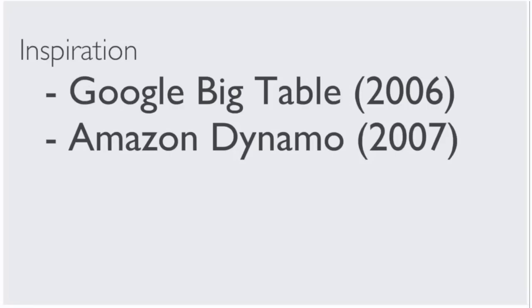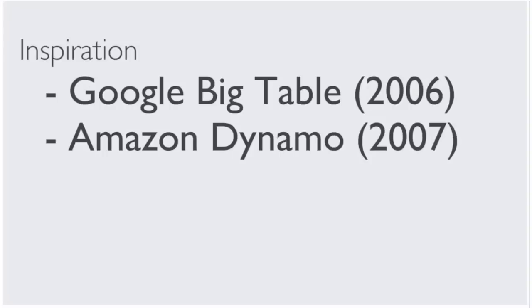Let's take a step back to the foundations of Cassandra. These are some papers which I think are accessible for anyone to read, and I encourage you, if you've got a deeper interest in why Cassandra made some of the design choices that it did, to look these up. In 2006, Google released a paper called Bigtable, which talked about a data system they had at the time, and Cassandra borrows the column family data model from Bigtable.